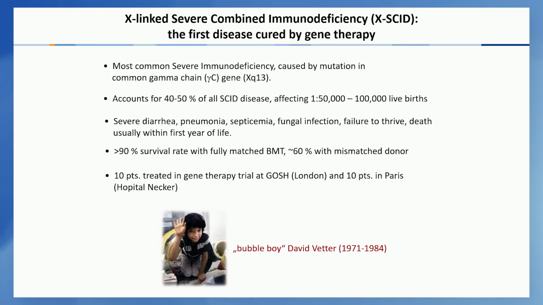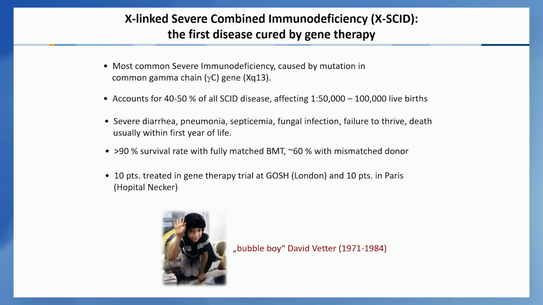In the case of SCID-X1, X-chromosomally linked severe combined immunodeficiency, which is the most common severe immunodeficiency, it is caused by mutation in the so-called common gamma chain. That accounts for about 50% of all SCID diseases and is associated with severe diarrhea, pneumonia, fungal infections, and so on.